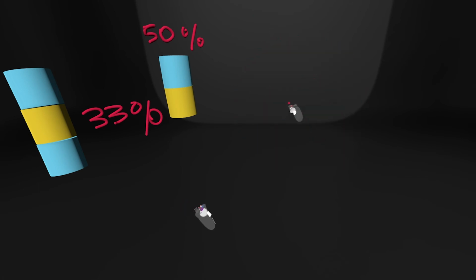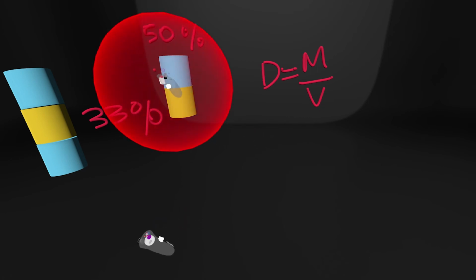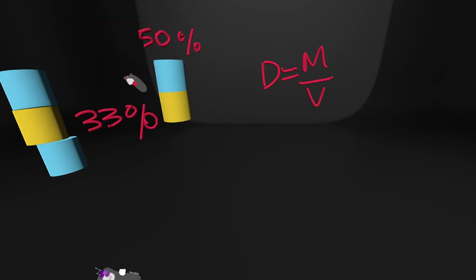Now let's see how we can manipulate the D equals M over V equation and how we can see it in problems. So let's say a question asked for the density.